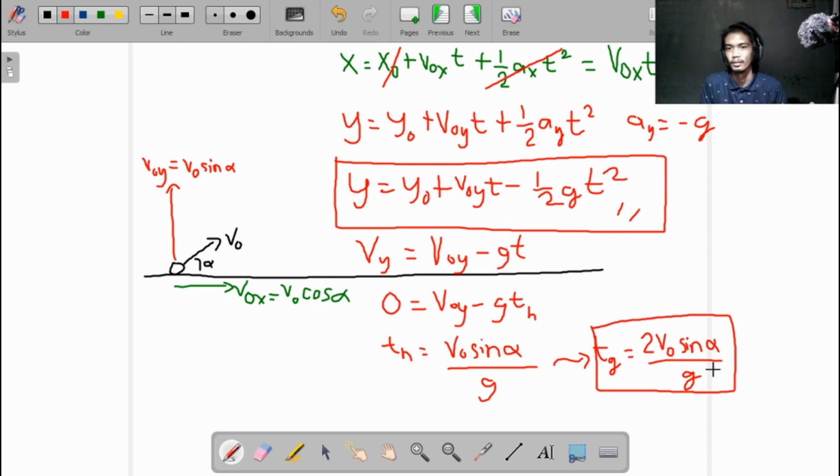So given these three equations, x equals v0x times t, y equals y0 plus v0y t minus 1/2 gt squared, and together with tg equals 2 v0 sine alpha divided by g, we can determine the x and y components.